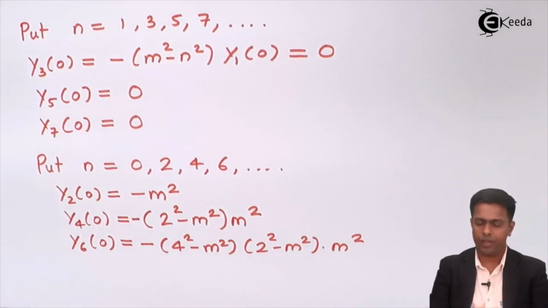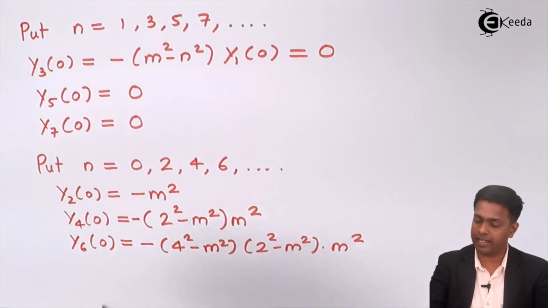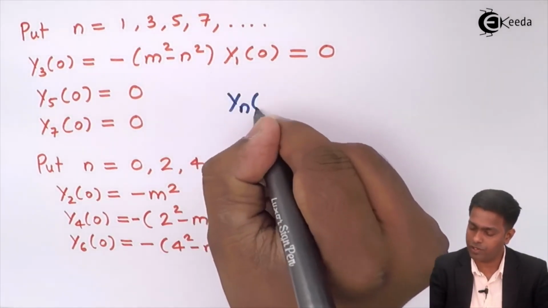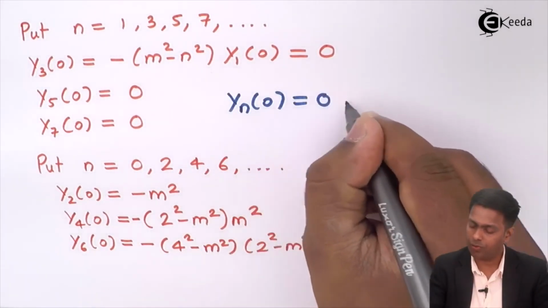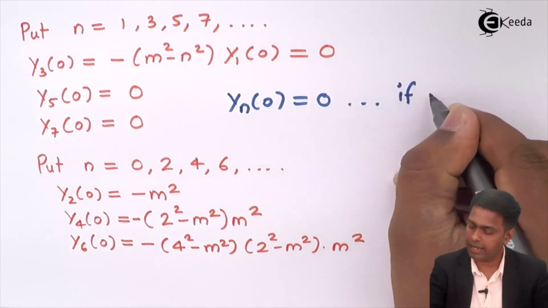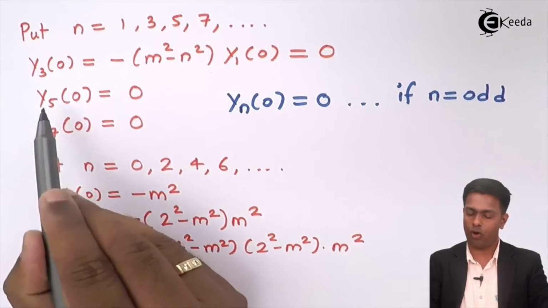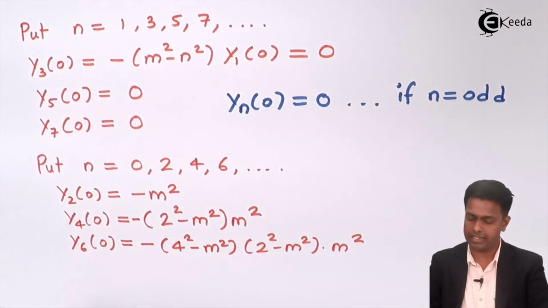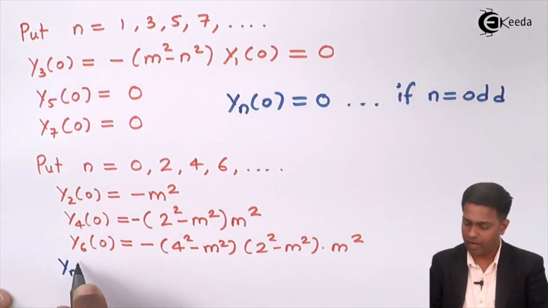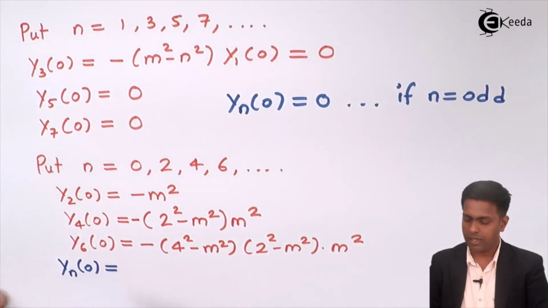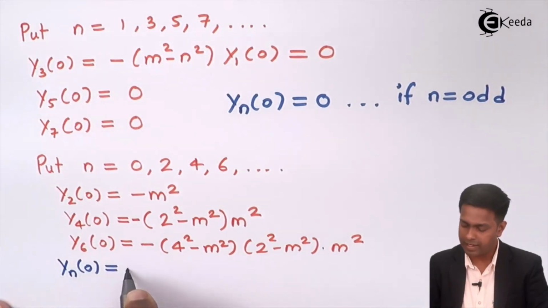So now if I summarize everything, then here I can say that the value of yn of 0 is 0 if n is odd. So for all odd values, we are getting the answer as 0. And in this case, I'll say the value of yn of 0 will be this, with the sign as negative.